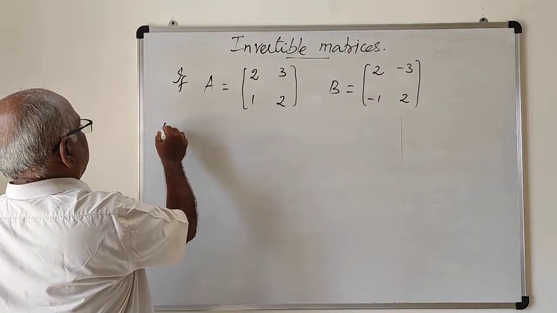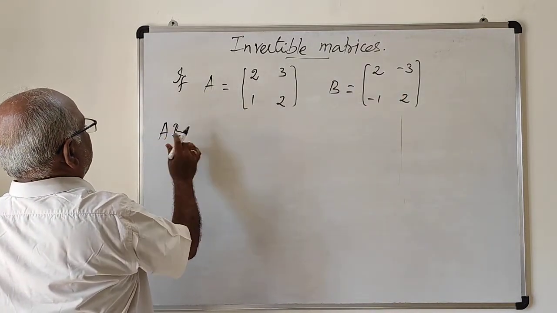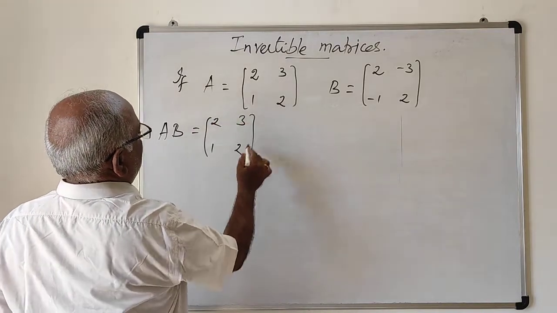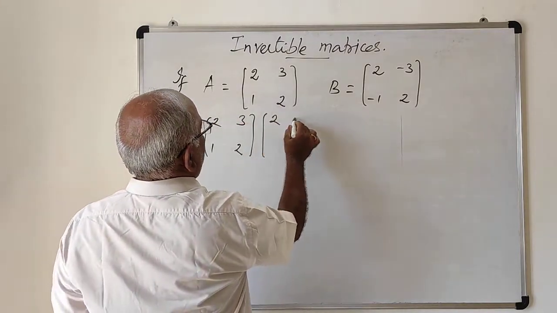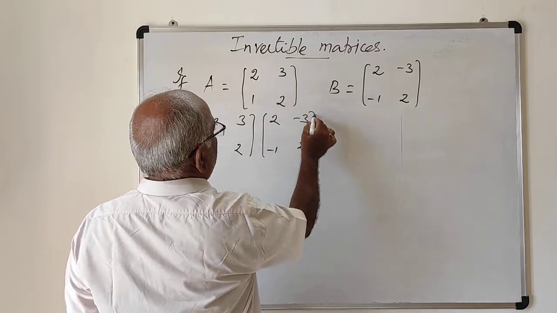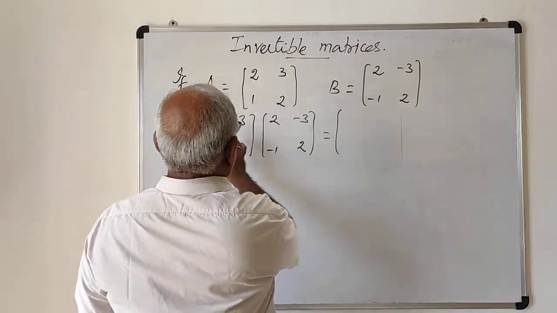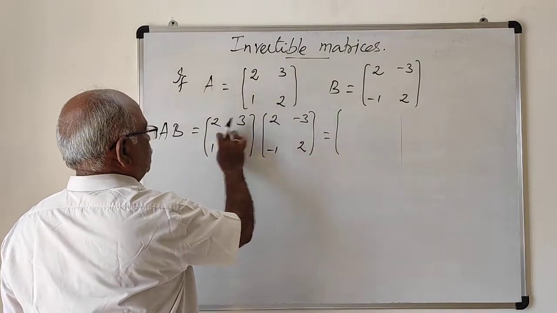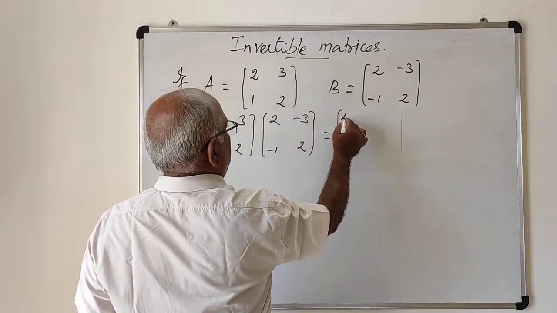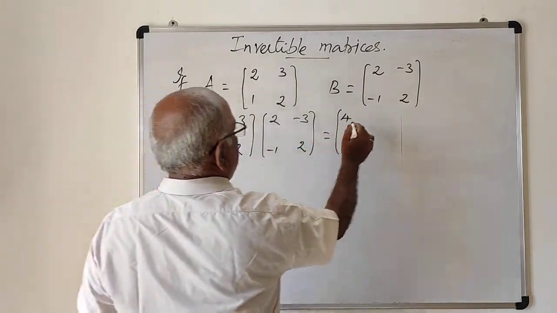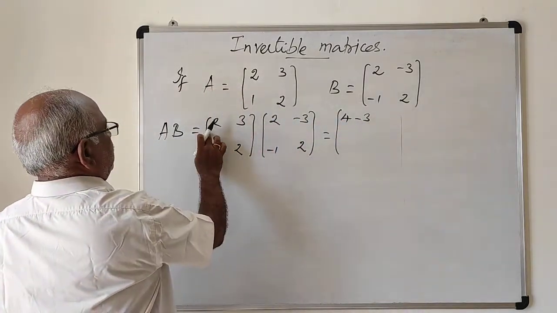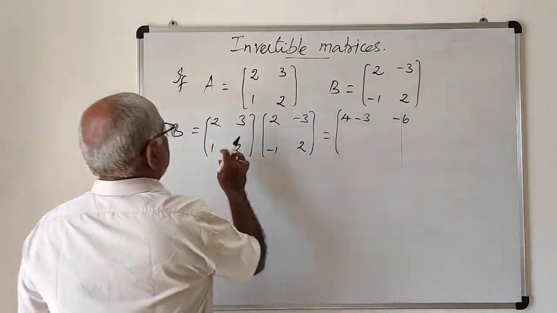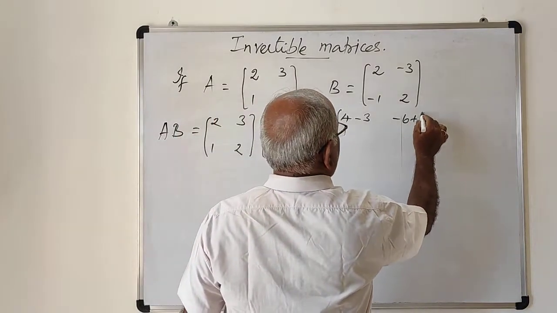Then what is AB? A into B: 2, 3, 1, 2 times 2, minus 3, minus 1, 2. First row, first column: 2 twos are 4, and 3 into minus 1 is minus 3. First row, second column: 2 into minus 3 is minus 6, and 3 into 2 is plus 6.